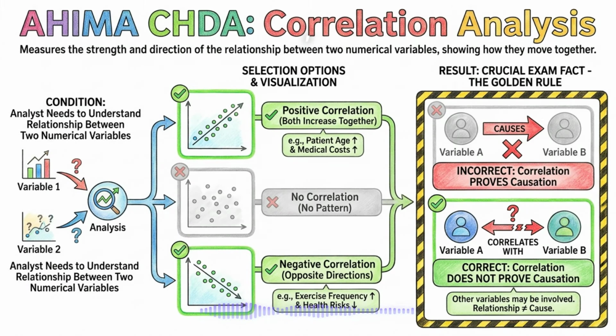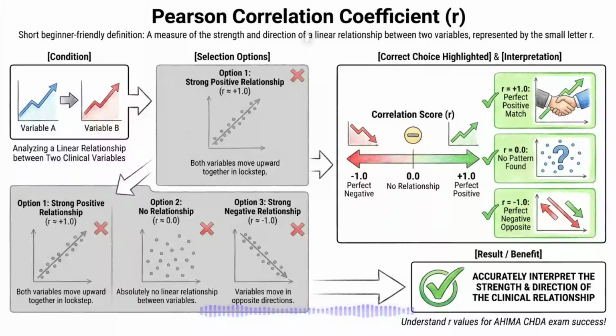You must always remember the golden rule of statistics, which is that correlation absolutely does not prove causation. The most common way to measure this relationship is using the Pearson correlation coefficient, which is represented by a small letter r. The Pearson coefficient gives you a specific number between -1 and +1, telling you exactly how strong the linear relationship truly is.